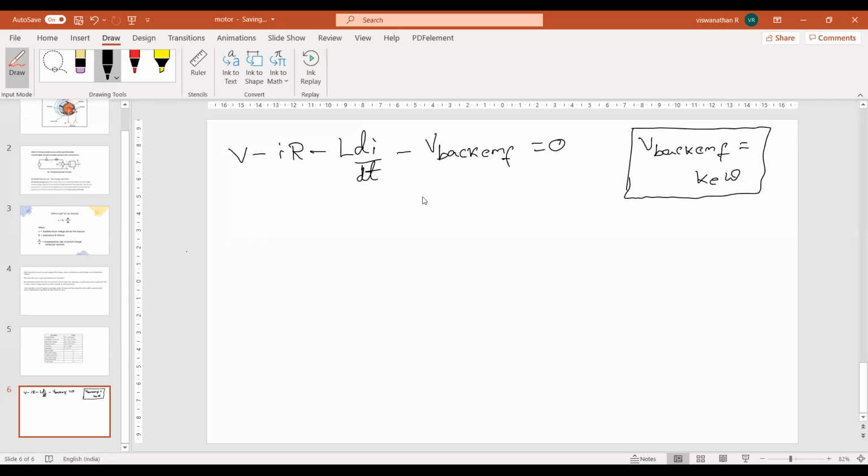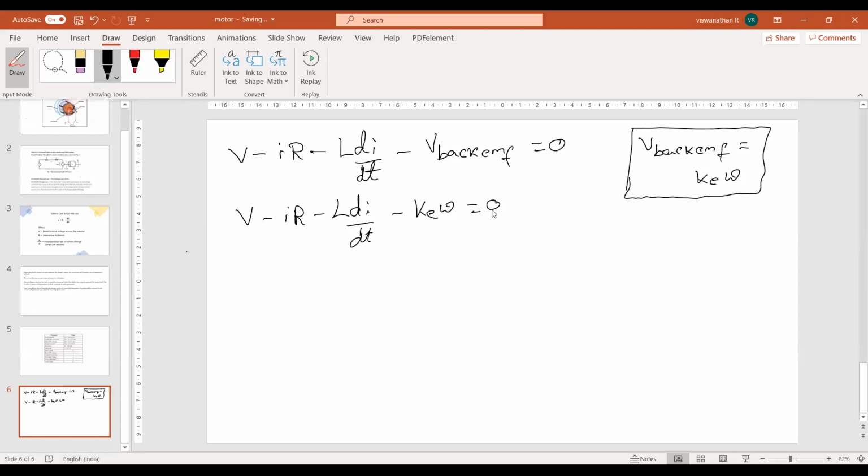So we will substitute this here. That will be V minus IR minus L into di by dt minus Ke into omega equal to 0. So this is by Kirchhoff's voltage law, and this is the electrical part of the motor.